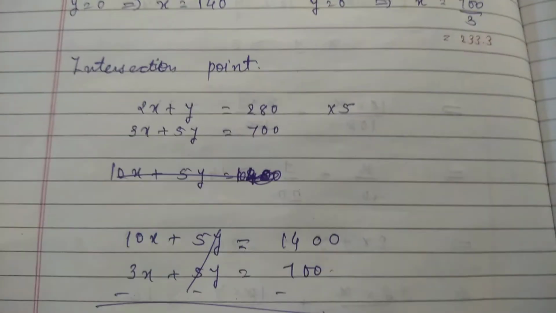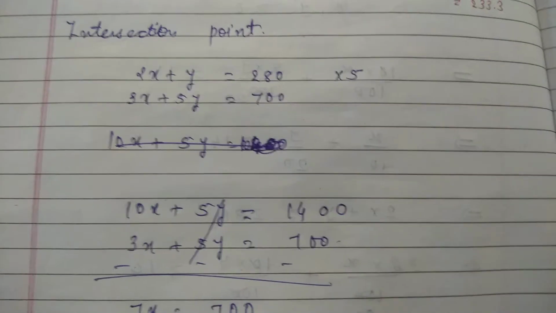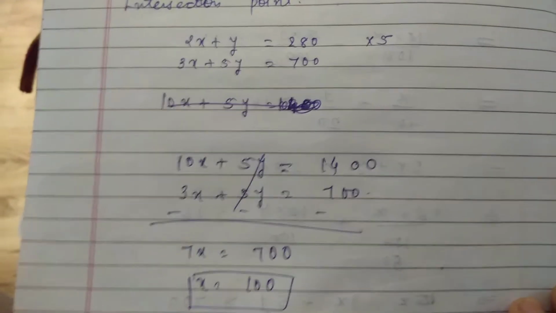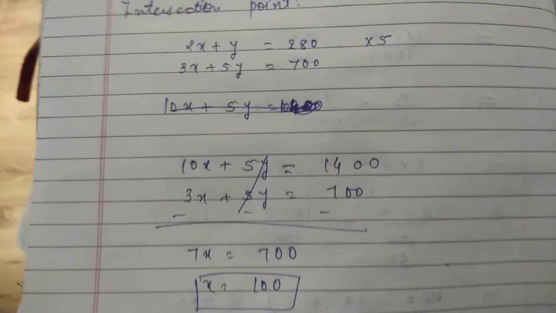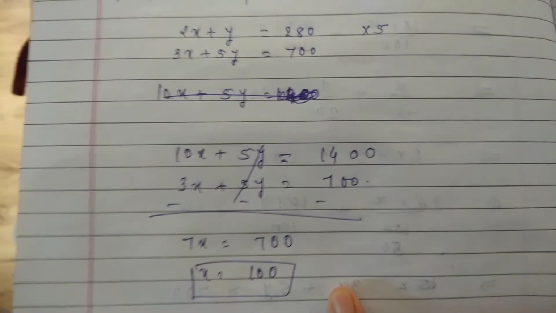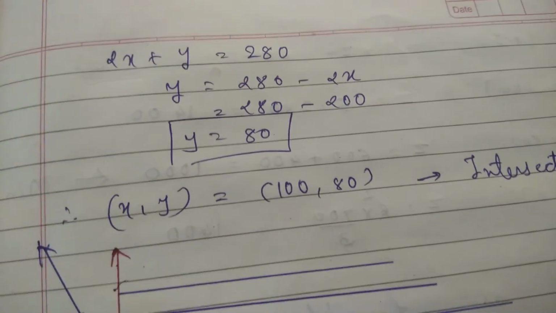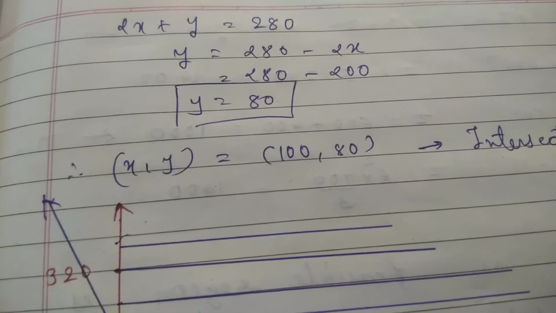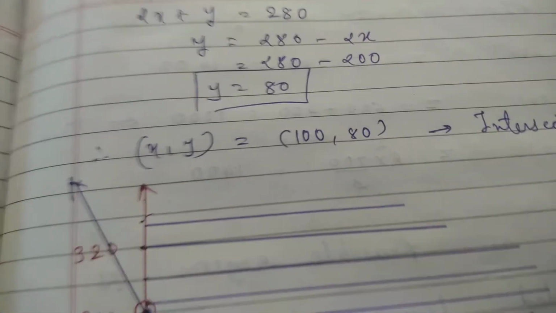I have used the elimination method for it, but you can avoid this step as you can directly find it from the graph also. Here you can see x = 100 and y = 80. The intersection point is x = 100 and y = 80. So obviously you can very nicely find it from your graph.